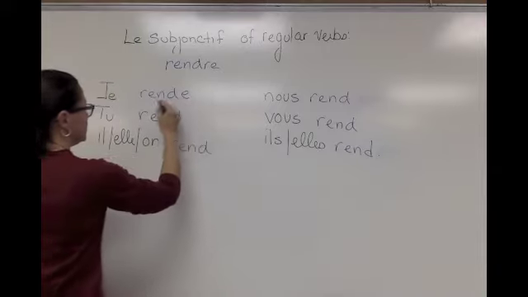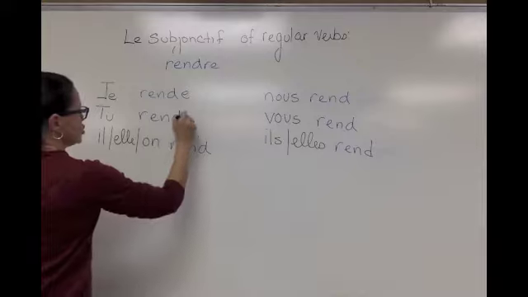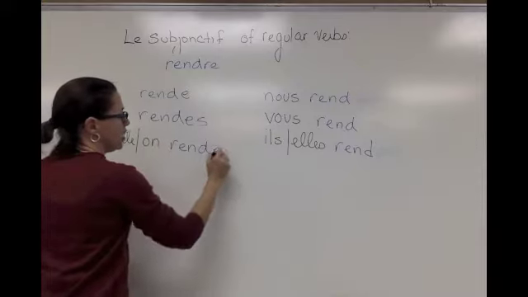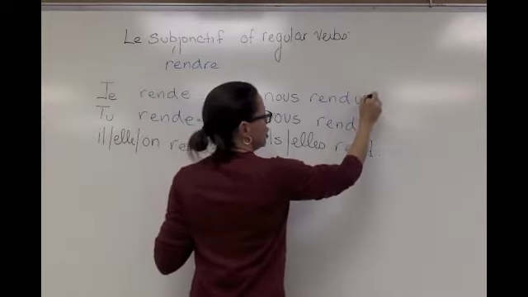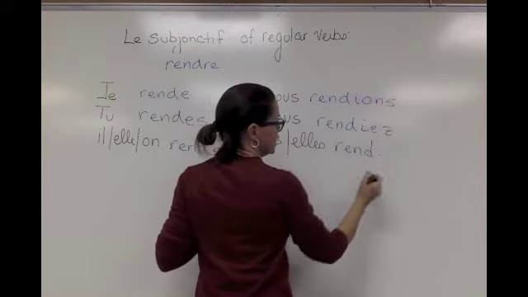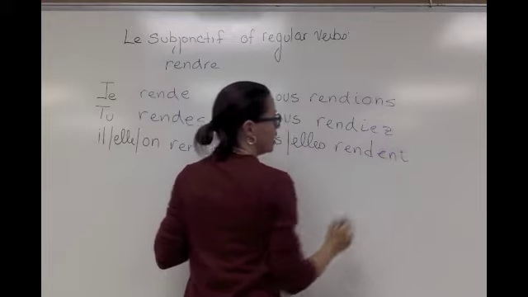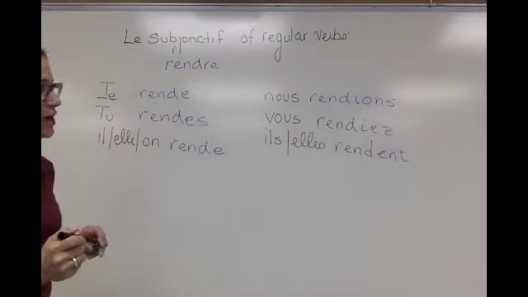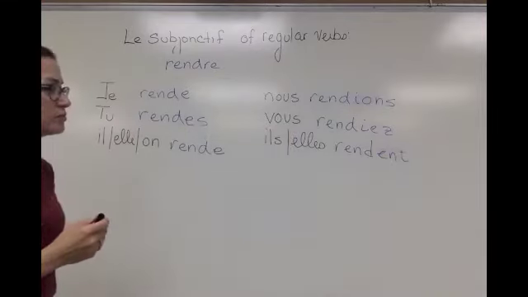Here's your ending. Il faut que je rende, que tu rendes, qu'il rende, que nous rendions, que vous rendiez, qu'il ou elle rendent. Okay, so now you have the RE verb.